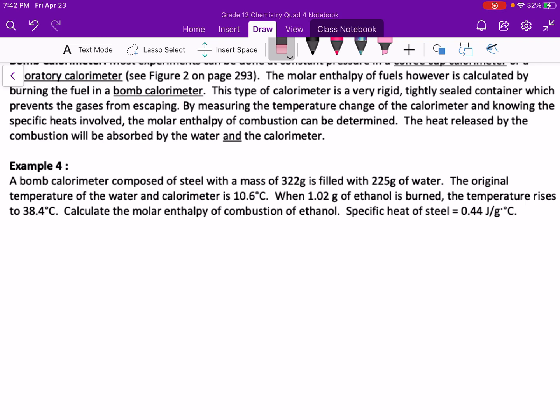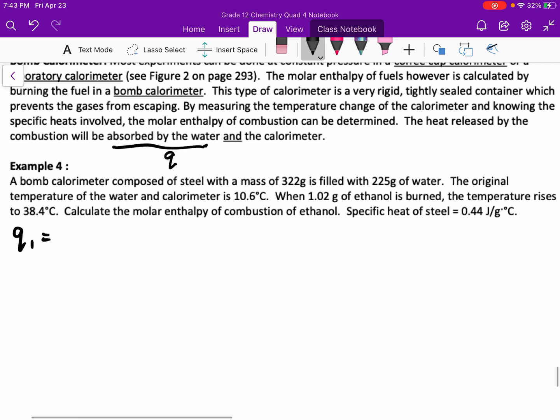So first, we need to determine the Q of water because the heat being released by the combustion will be absorbed by water, so that's our Q1, and by the calorimeter itself, Q2. So water is 225 grams.